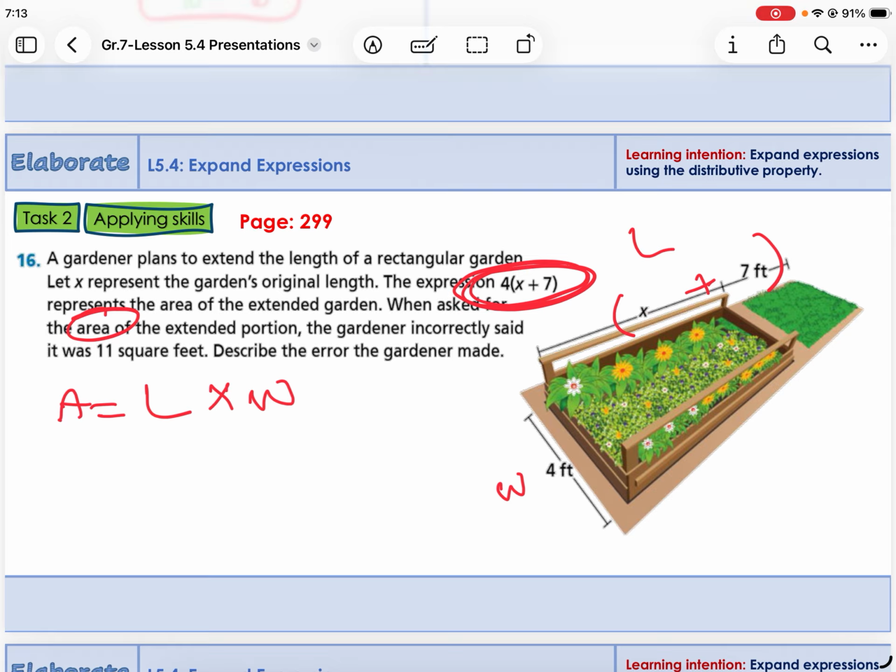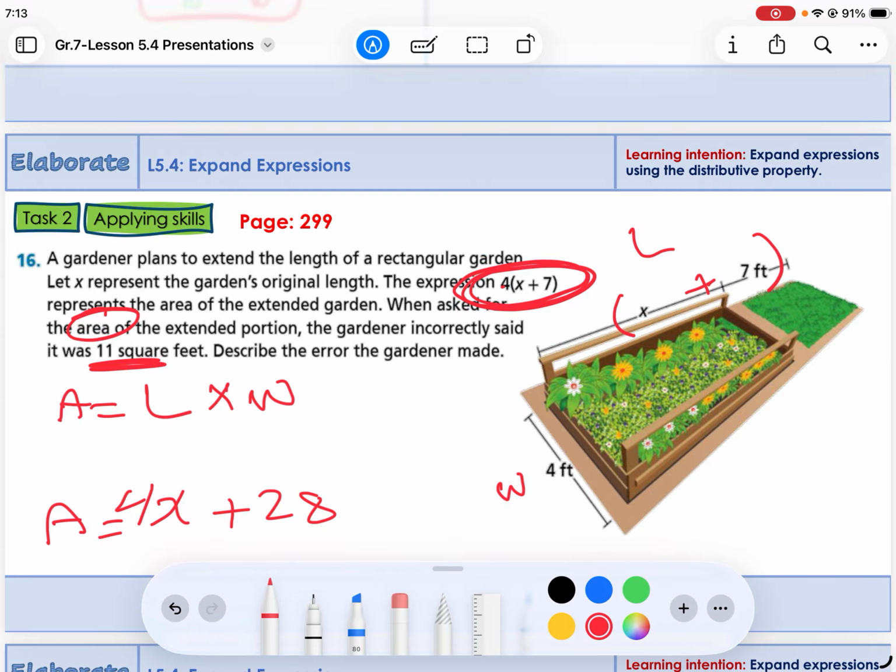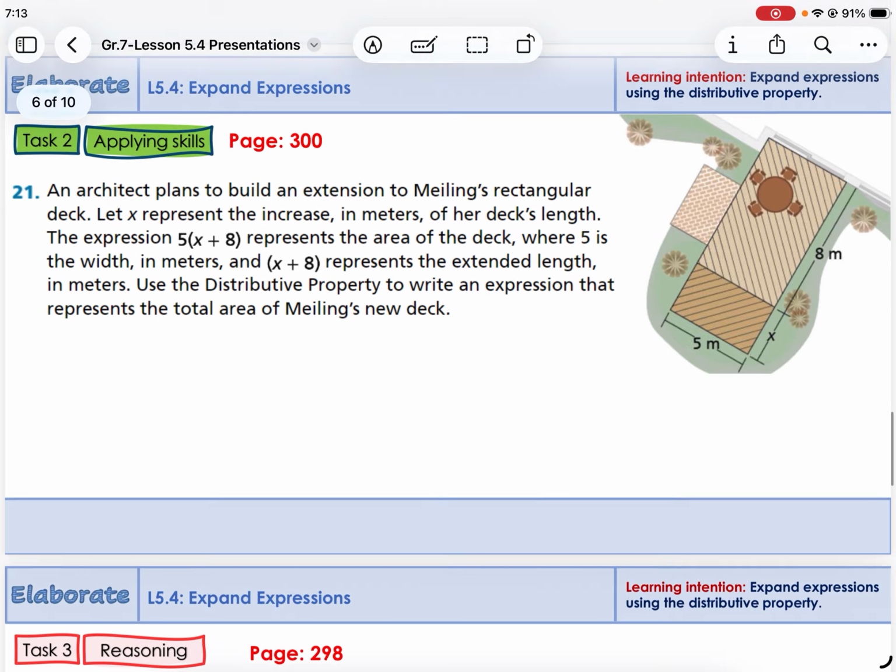So 4 times x, that's 4x, plus 4 times 7, that's 28. So the area should look like that, but he got the answer 11. So what's the mistake? Obviously, instead of multiplying 4 times 7, he added 4 plus 7, he got 11. So that's his error. Okay, so you guys, you need to write in details when you see such a question, what's the error, explain what happened, and you need to describe it. Yeah, basically. Okay, let's move on.